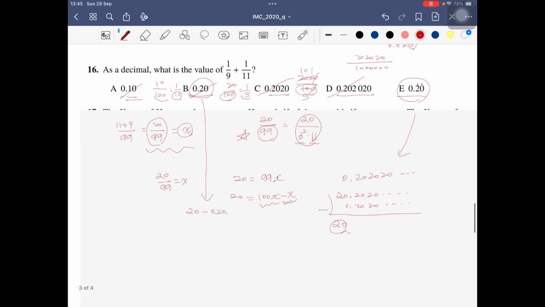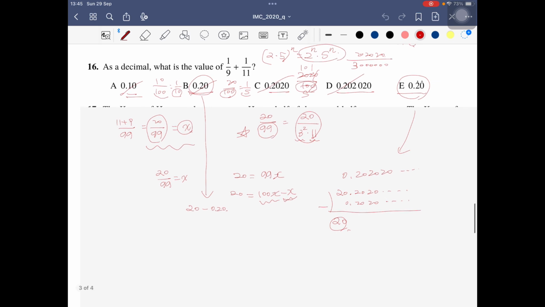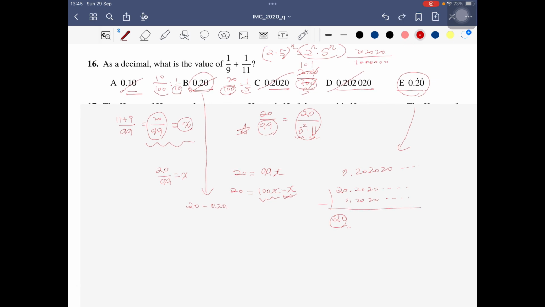A power of 10 means 10 is already 2 times 5, so it only has 2s and 5s. So if you have a 3 or 7 or 6, let's say, then it is not a finite decimal. It goes on forever.